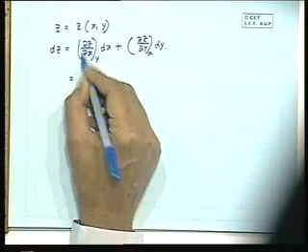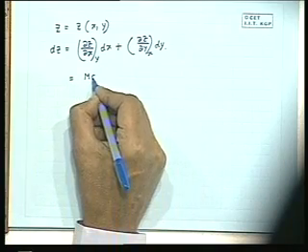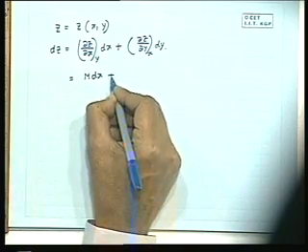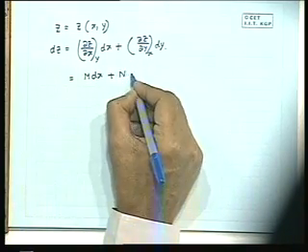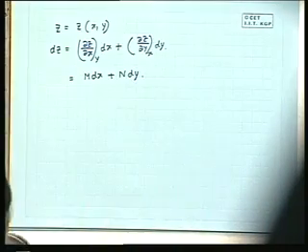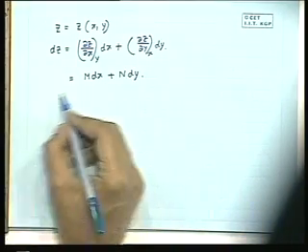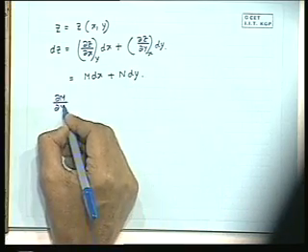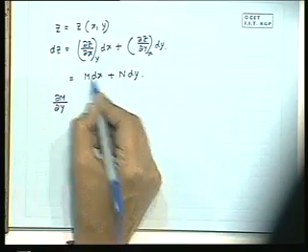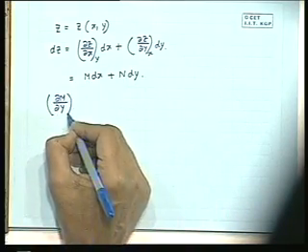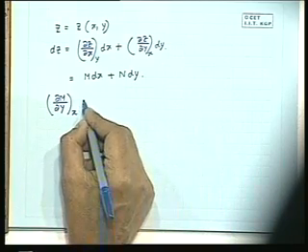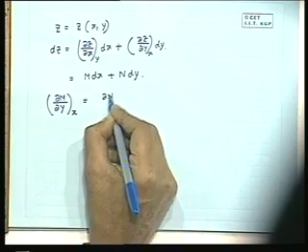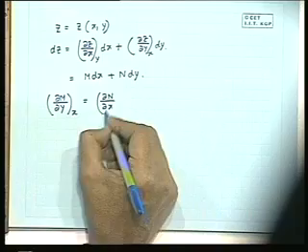Now if I write this coefficient as m, and del z del y at x as n, then it can be written that del m del y, that means the differentiation of this coefficient with respect to y at constant x, is equal to del n del x at constant y.